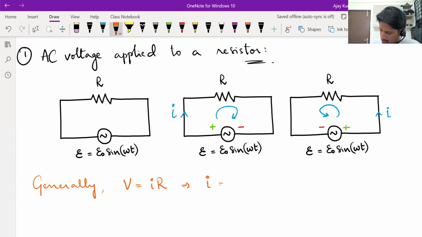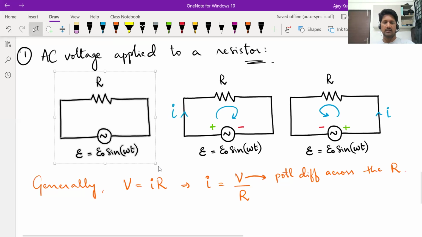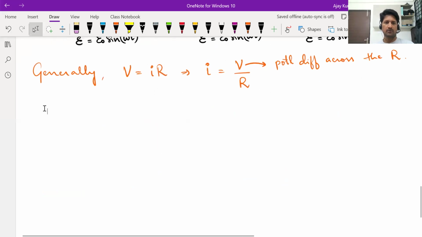So I is equal to V divided by R, where V is the potential difference across the resistance R, not somewhere else or between some other two points. Whatever is the potential difference across that particular resistance is what you need to consider. Now look at this circuit that we have taken, this alternating EMF circuit.